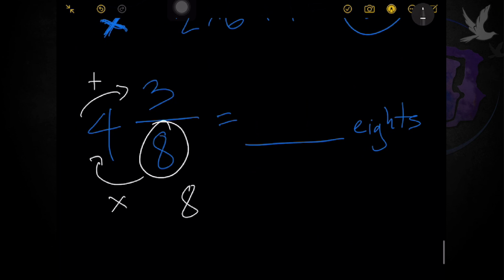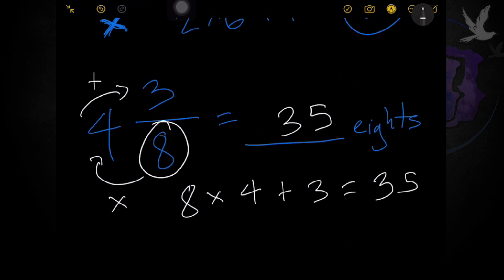Expressing it as a mathematical sentence, that is 8 multiplied to 4 plus 3. 8 times 4 will basically give you 32, plus 3 will give you 35, which means there are 35 8s out of this one. Ganun lang kadali, okay?